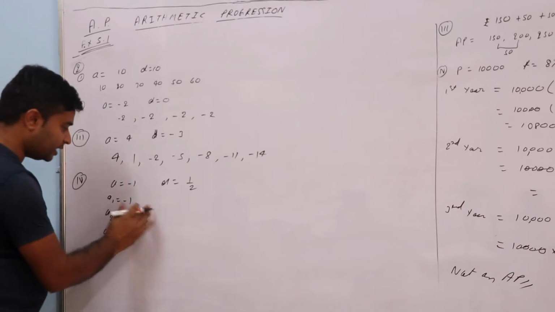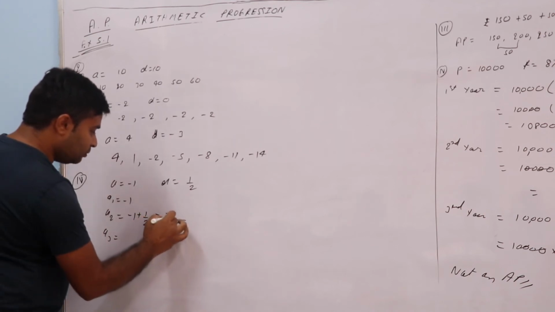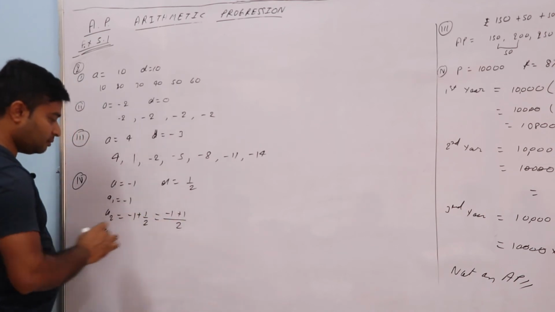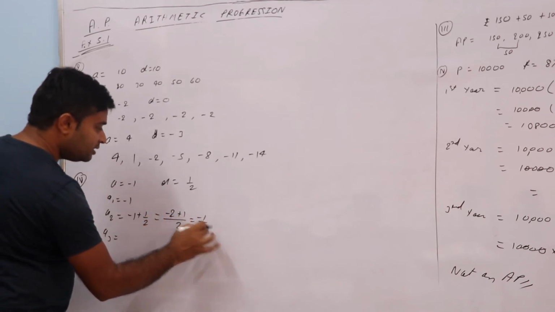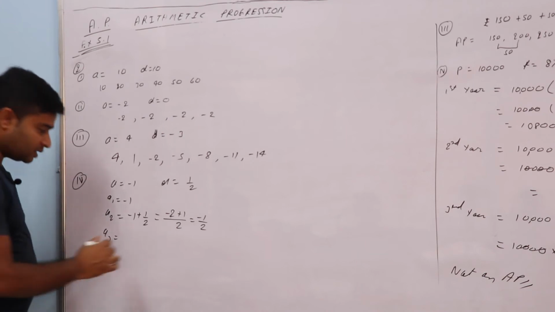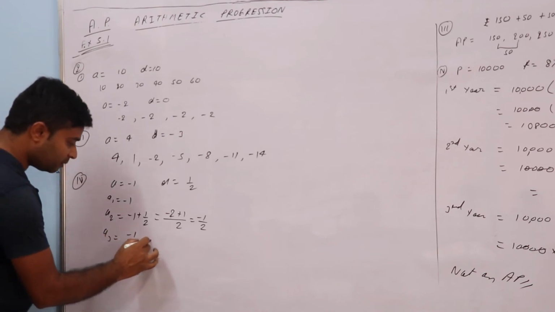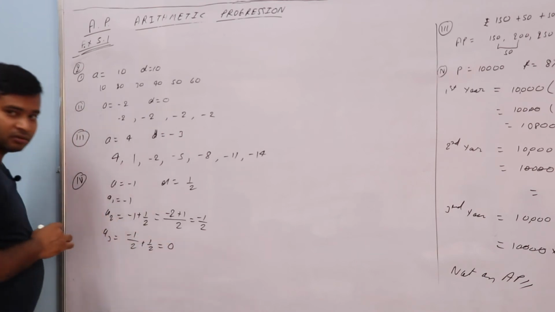Here the LCM is 2: minus 2 plus 1, so minus 1 by 2. Now minus 1 by 2 plus 1 by 2 is 0.